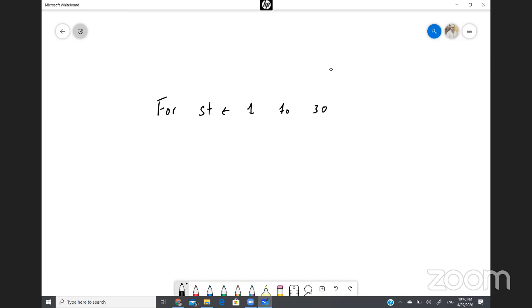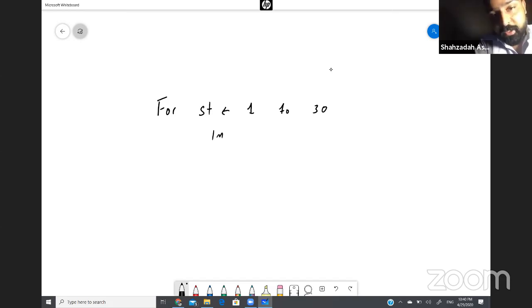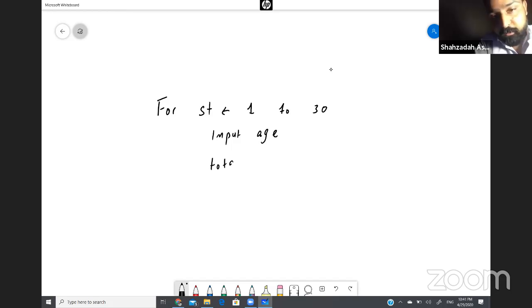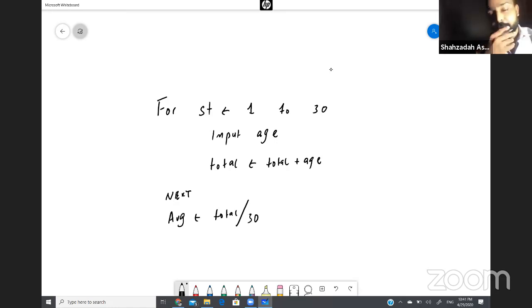So for 30 students, you want to input their age, you want to do the total, and after doing the total, you want to calculate the average of that class. Total divided by 30.